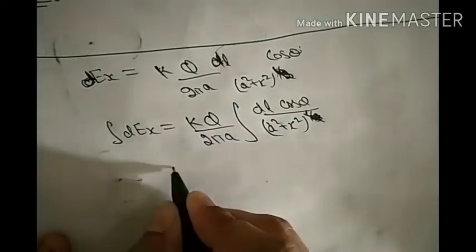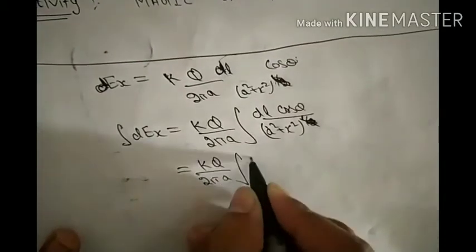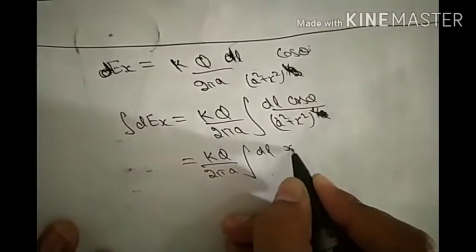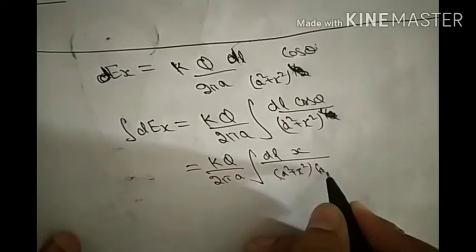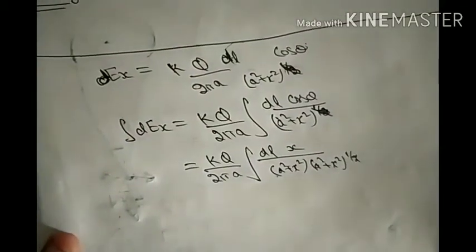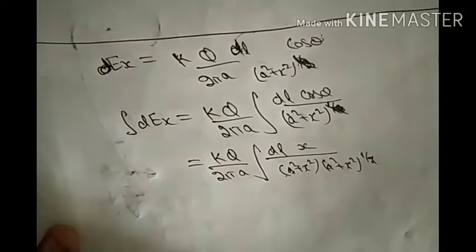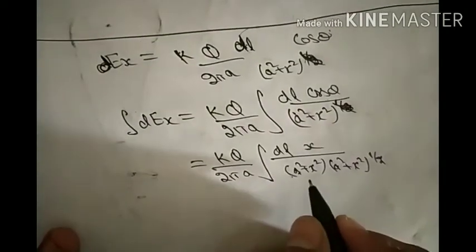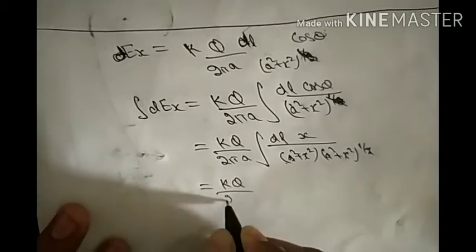Now we can substitute the value of cos theta: 2 pi a, dl x upon a square plus x square and a square plus x square the power half. So this is our net. Now a is constant because it is the radius, and x is constant because it is the distance at which we are finding the electric field.